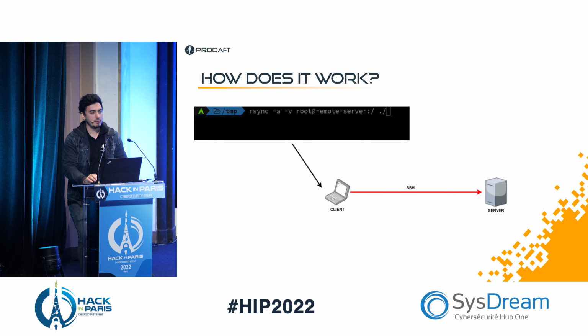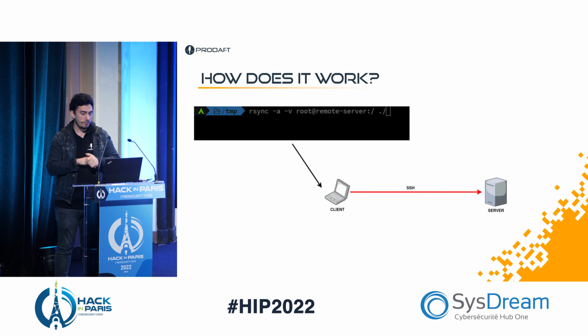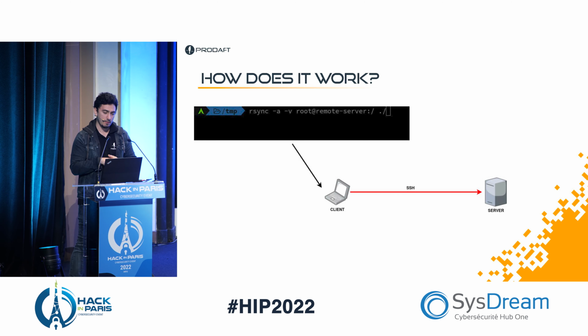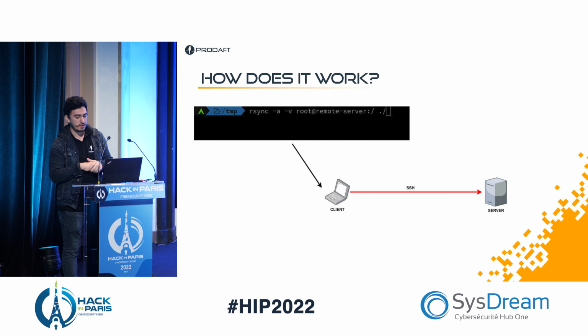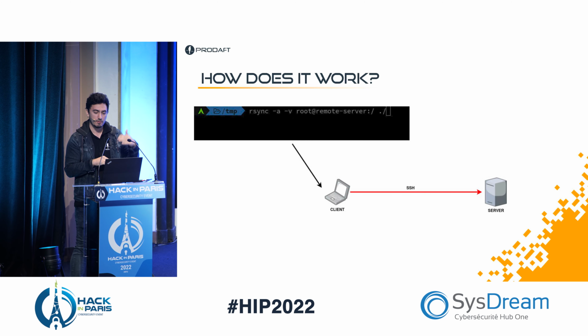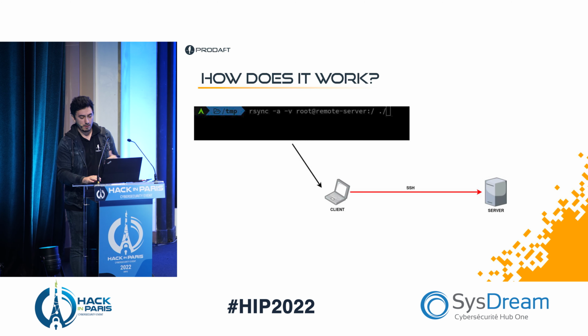Now I'll try to explain how Rsync is working behind the scenes. In this case, we are copying the entire contents of a remote server to our local destination directory. Once you initiate this file copy procedure, Rsync establishes an SSH connection with the remote server. After establishing that SSH connection, you will see a new process pop up on the server side.